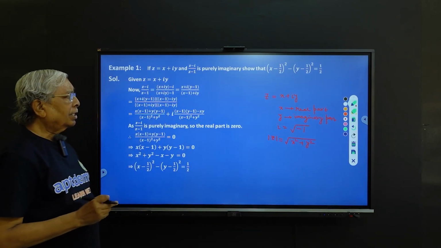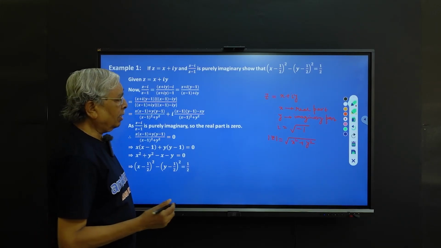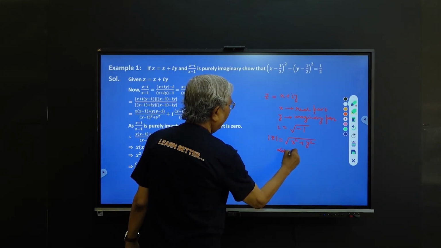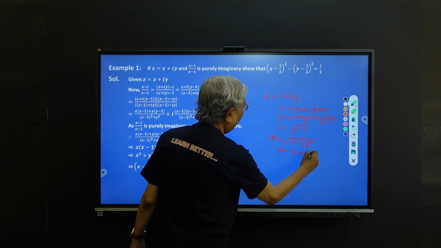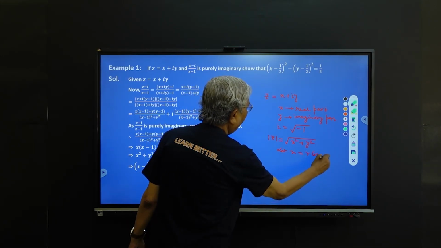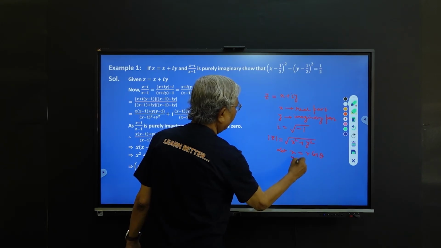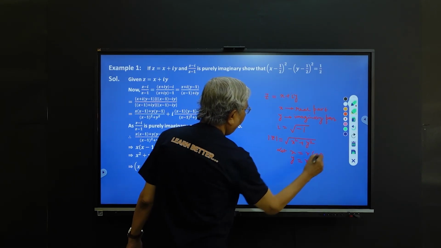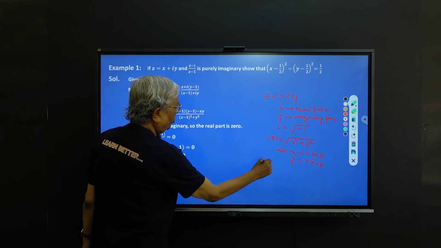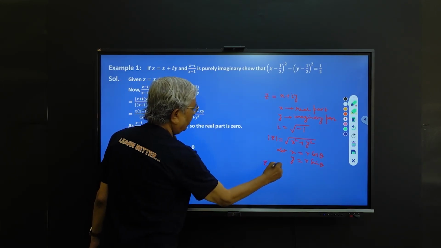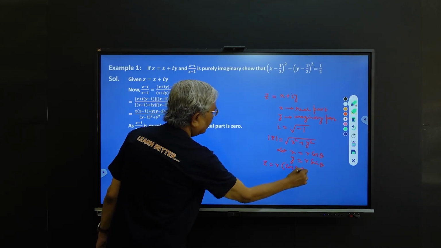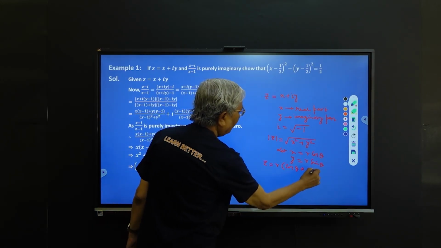Next we take another definition of complex numbers. Let x equal to r cos theta and y equal to r sin theta. Then you can write z equal to r into cos theta plus i sin theta.